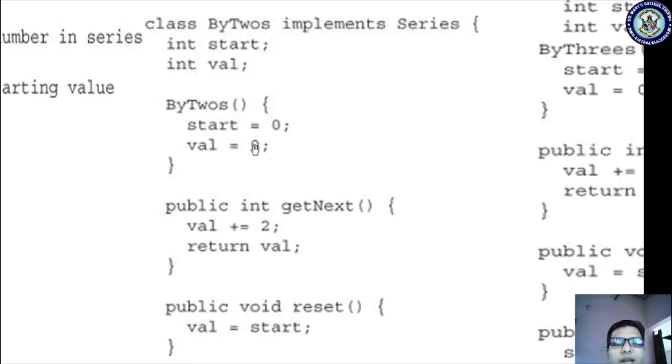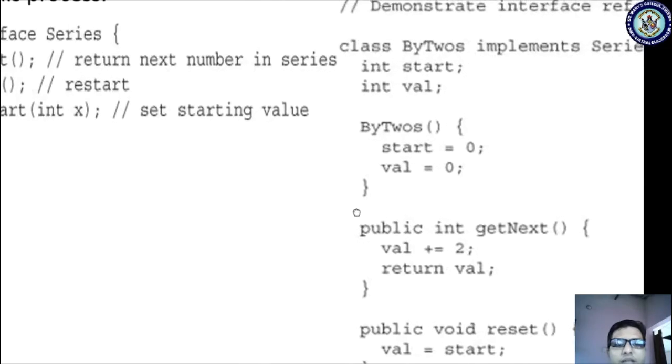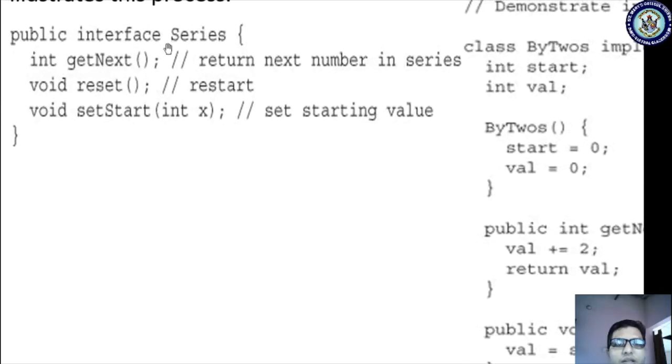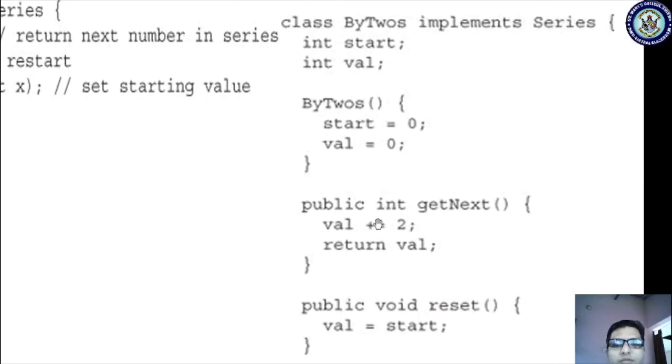The start value and val are both assigned as 0. I'm implementing public int getNext, which is present in Series, and I'm making it public, so that other classes can also refer to this method. In it, val plus equal to 2: every time it is called, it increases by 2.